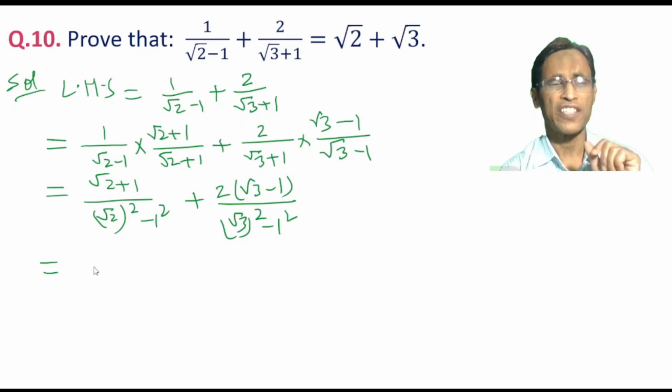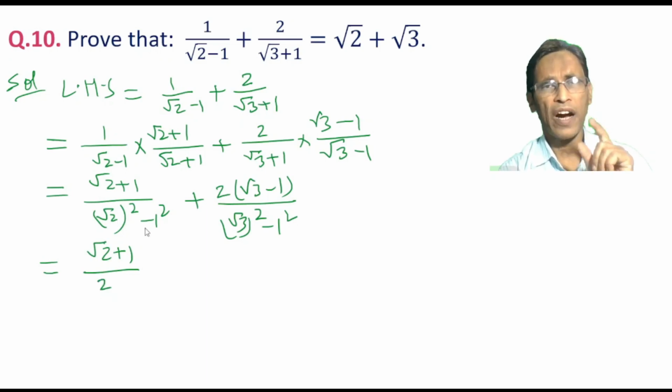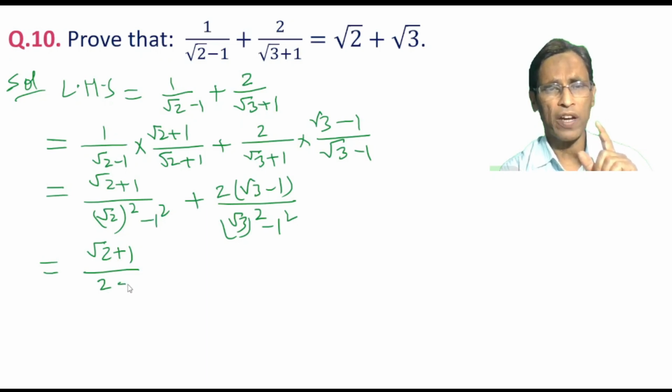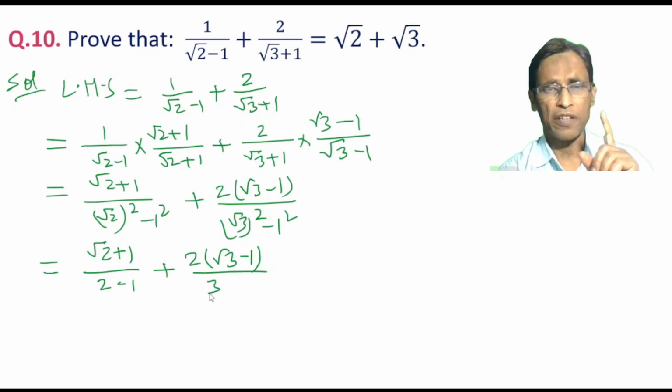Now in the next step, the numerator root 2 plus 1 will remain as it is and the denominator will be under root 2 square which gives 2 and 1 square gives 1, so minus 1. For the second term, 2 times root 3 minus 1 and the denominator root 3 square gives 3 and 1 square gives 1.